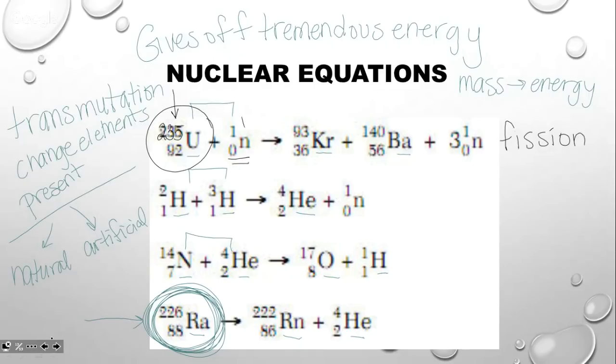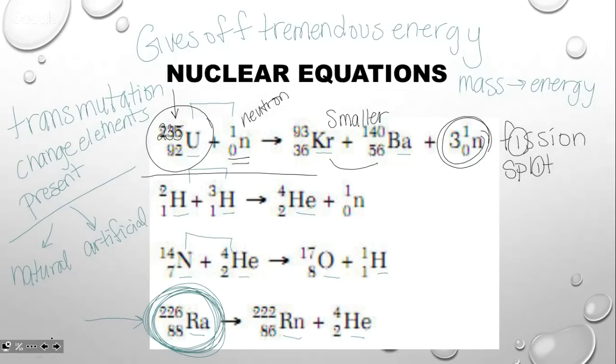You'll have a neutron bombarding something with a really big mass number, and it will break into two smaller pieces with more neutrons. So fission, you'll have something with a really large atomic number before the arrow hitting into a neutron, two smaller pieces, and more neutrons. The I in fission and the I in split go together.